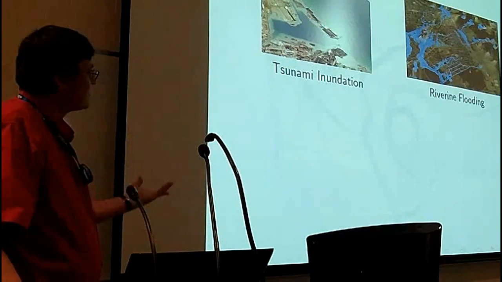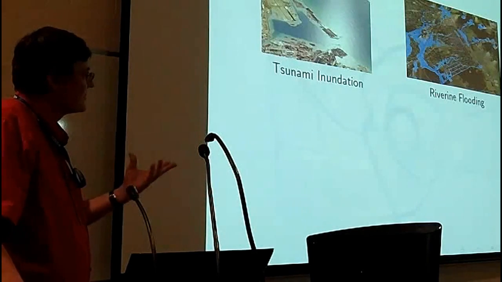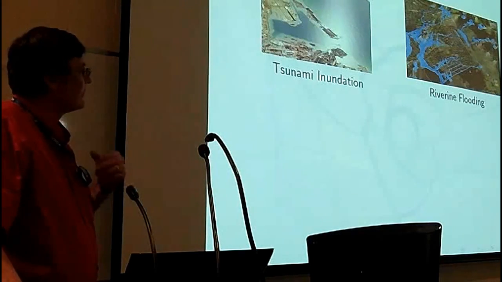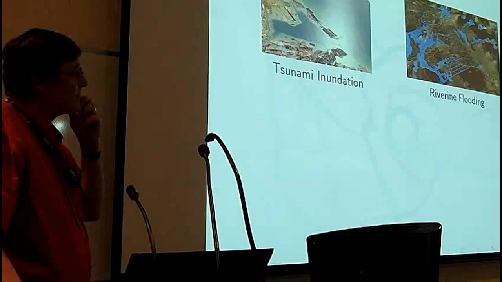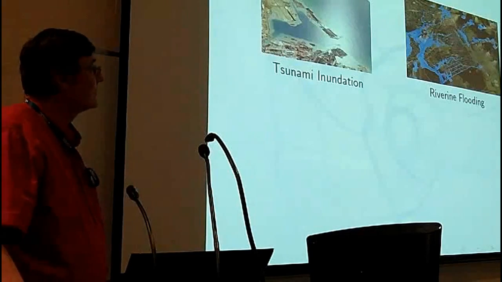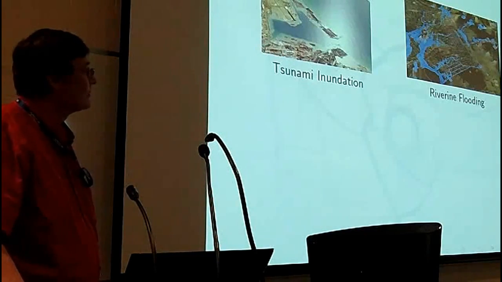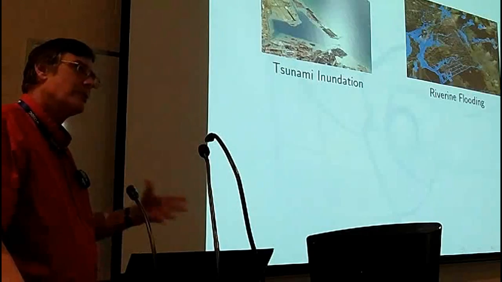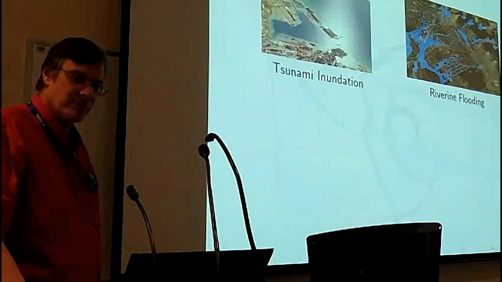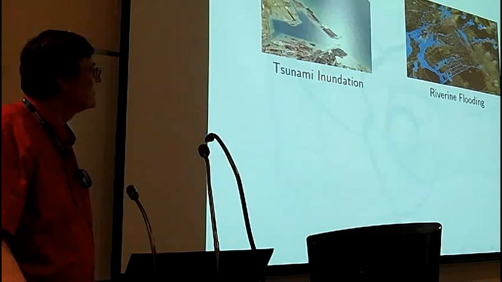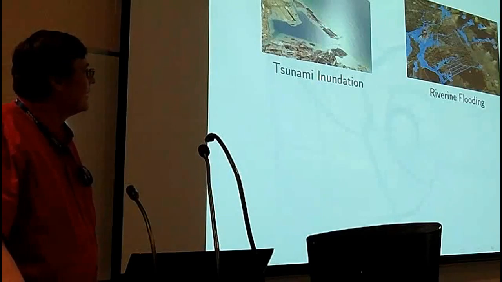So tsunami modelling, I guess that's GA interest, at least initially. Riverine flooding, that's actually been sort of the extension that people in local councils have gone. They want to know more about, if someone's going to do some sort of development, what will happen to the floods.